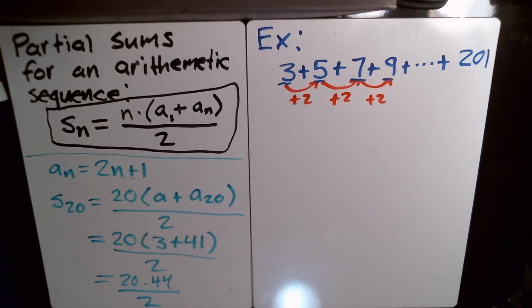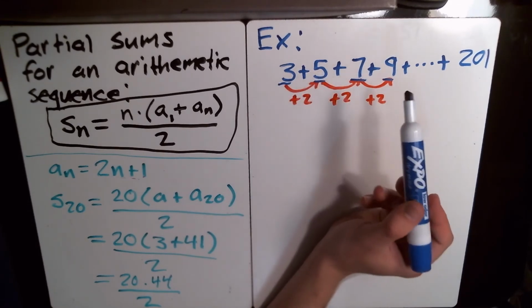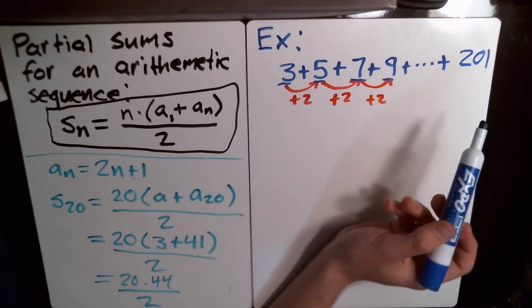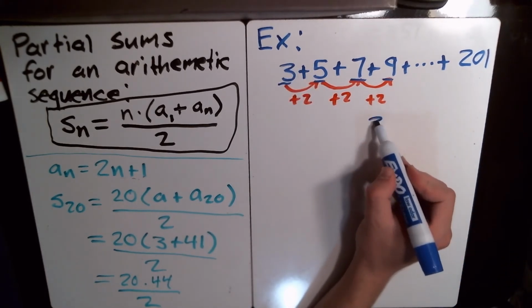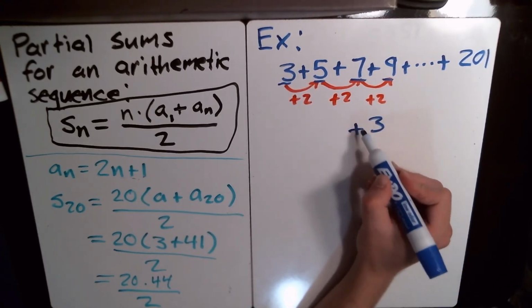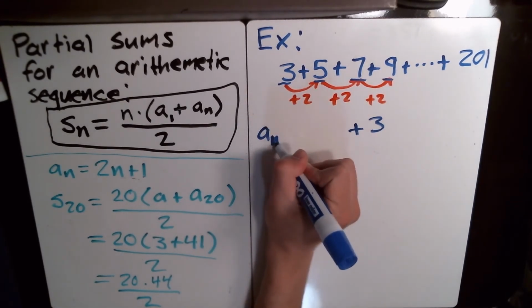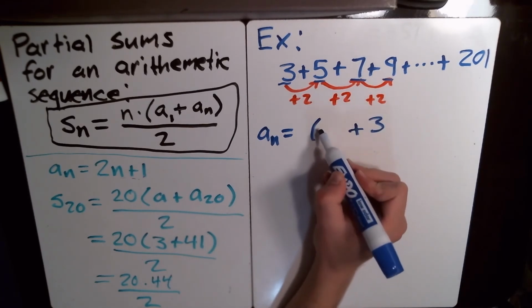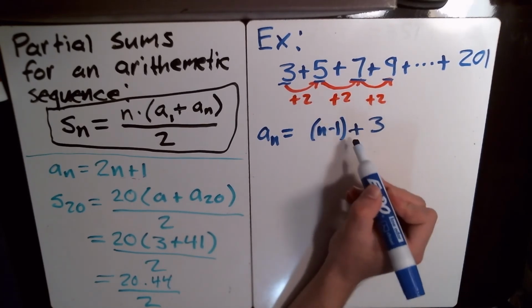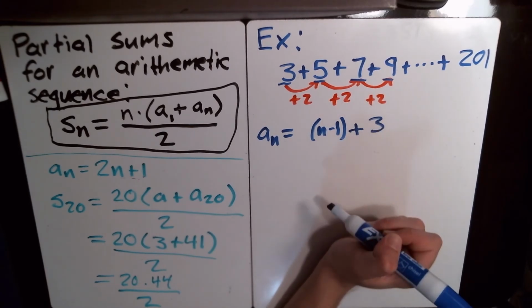So the first term is 3, the second term is 5, and so on. The first term being 3, that's going to be our A, so that's what goes over here. And remember, our formula is D times n minus 1, and then plus the first term.